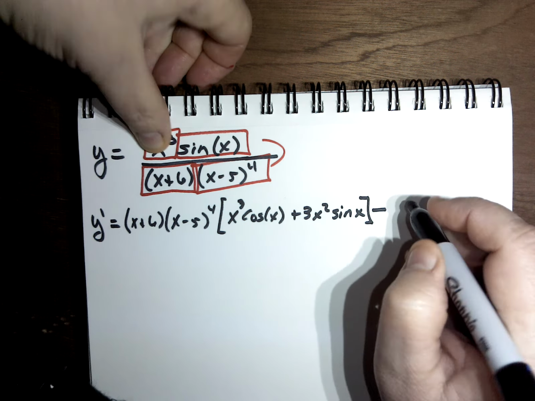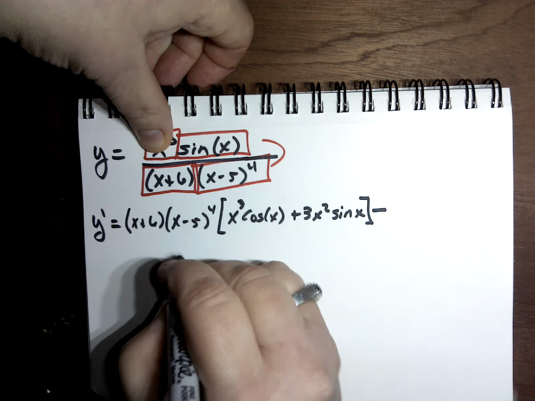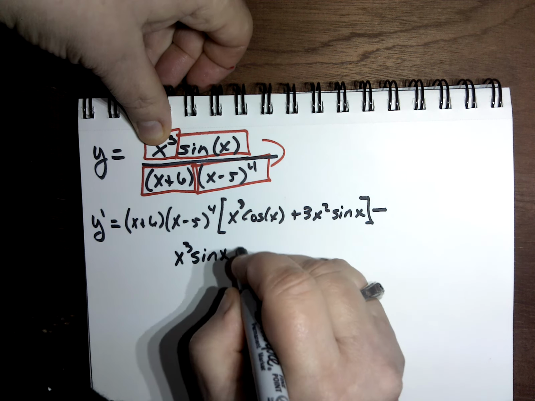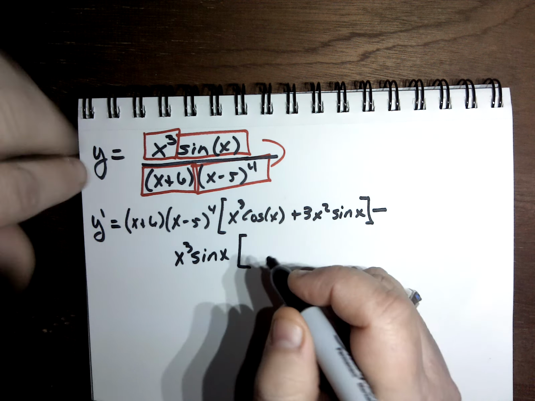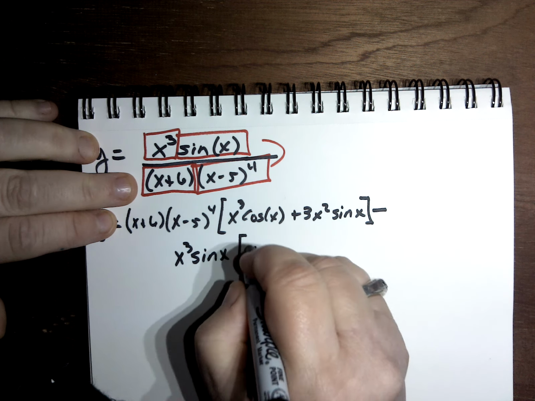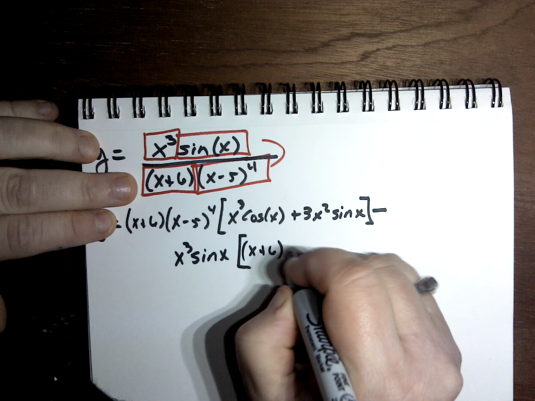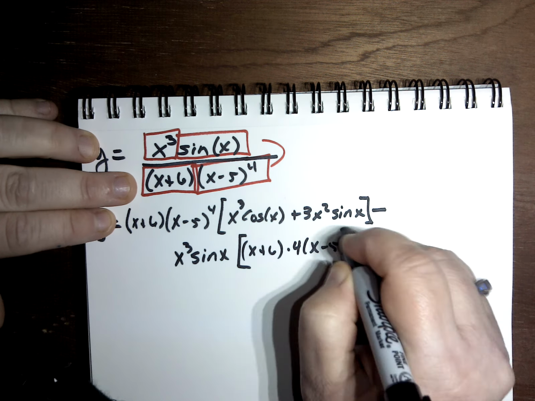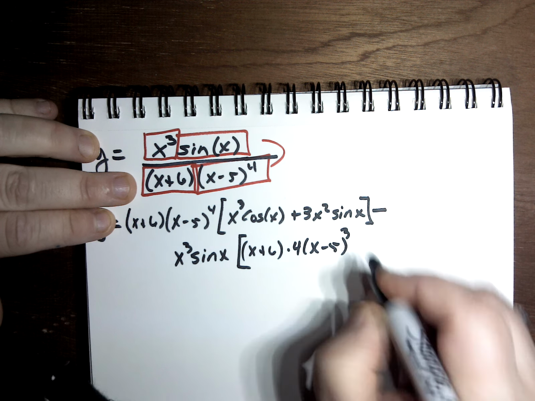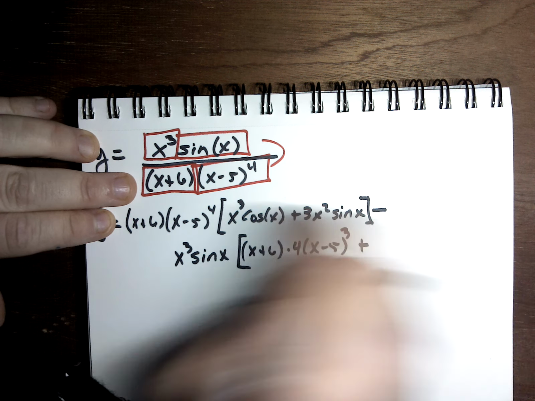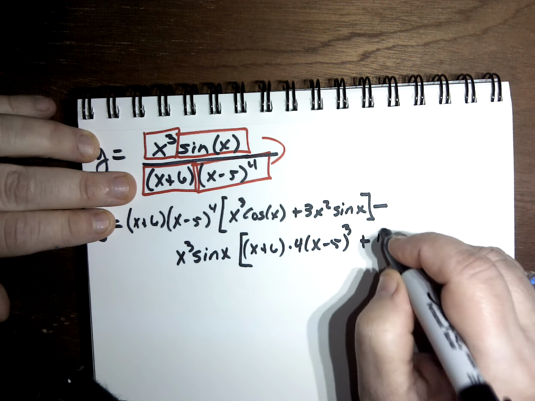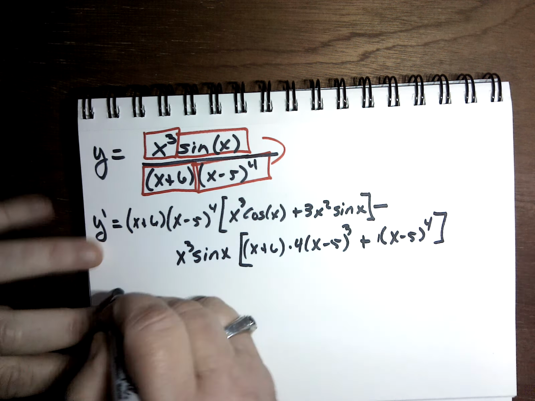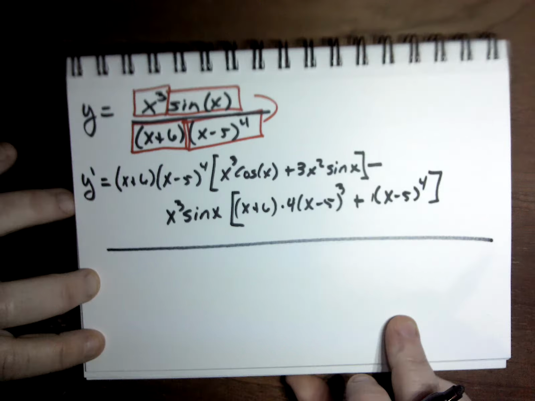Minus the top, so x cubed sine of x times the derivative of the bottom, another product rule, so x plus 6 times 4 times x minus 5 to the third, times 1, plus the second with the derivative of the first one, which is just a 1. Oh, that's kind of nice. All over the bottom squared.